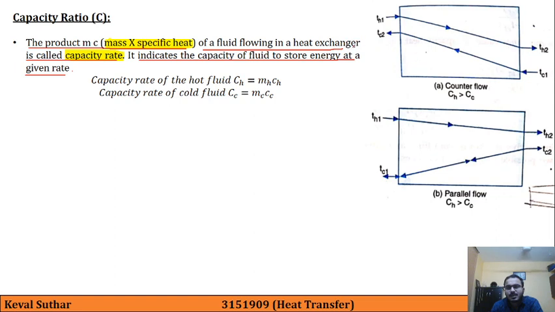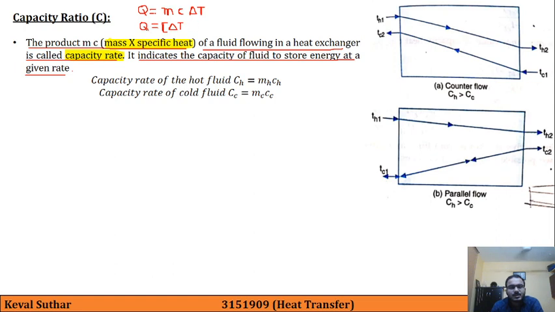Here, if you recall our standard formula, Q is equal to m C delta T, that is, capital C into delta T. That will be the value of Q.